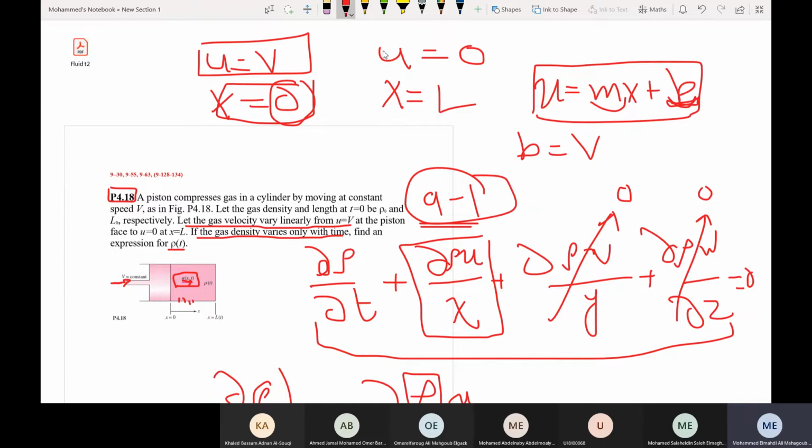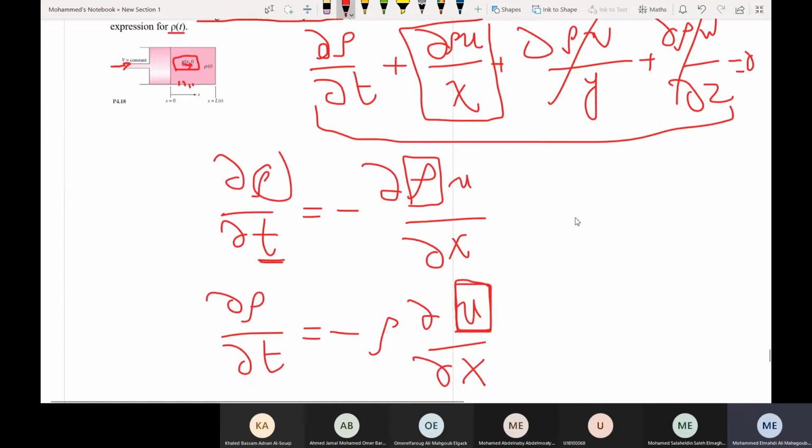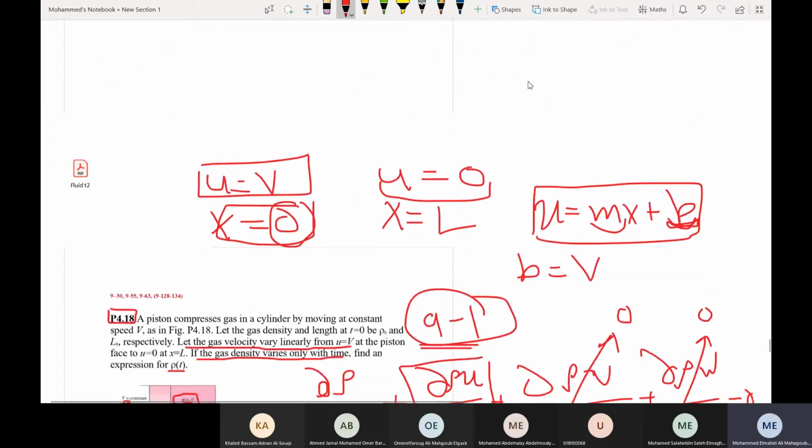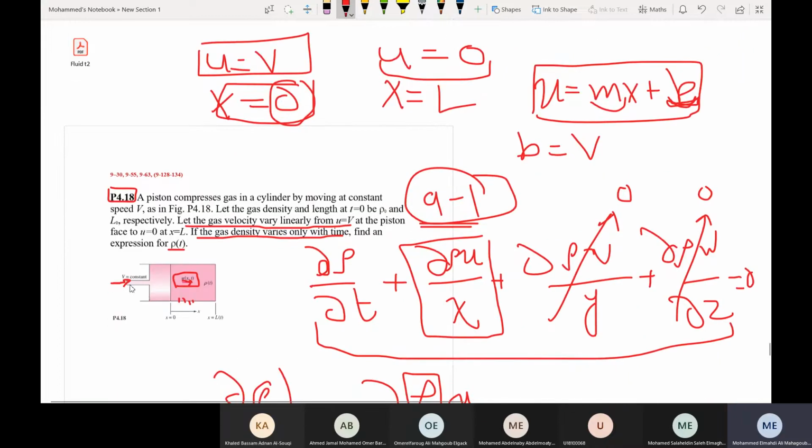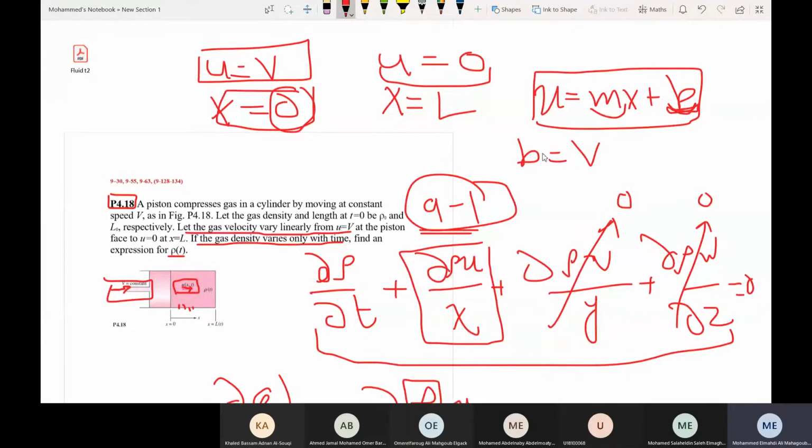And then when u is equal to 0, 0 equals mx plus v. Here v is the velocity of the piston compression. The velocity of the piston compression is constant, but the velocity of the gas inside is not constant; it's a function that varies linearly.